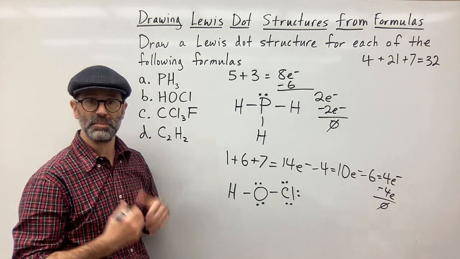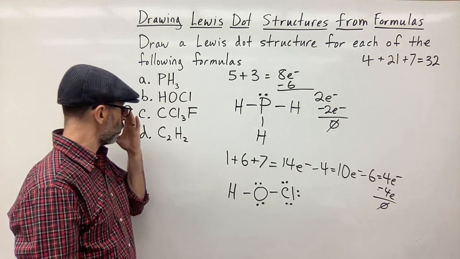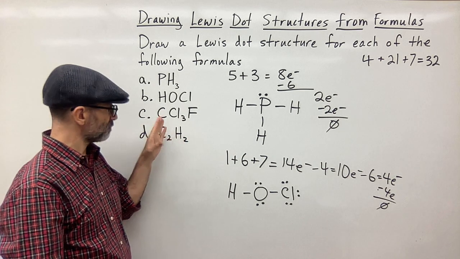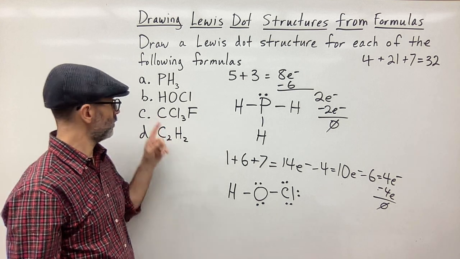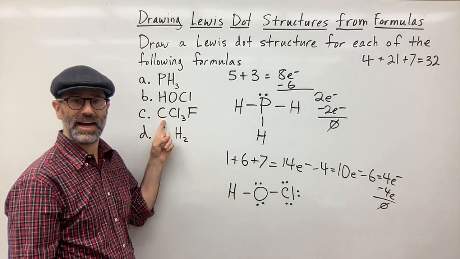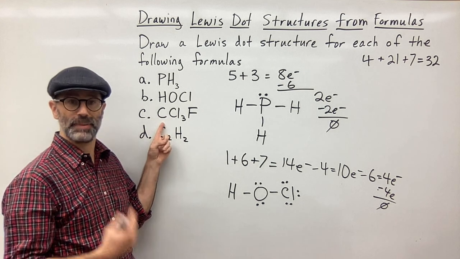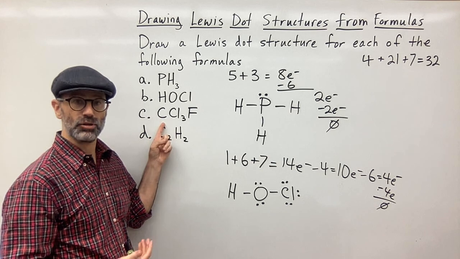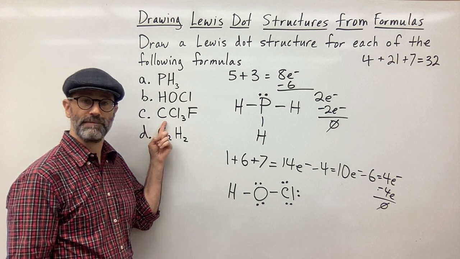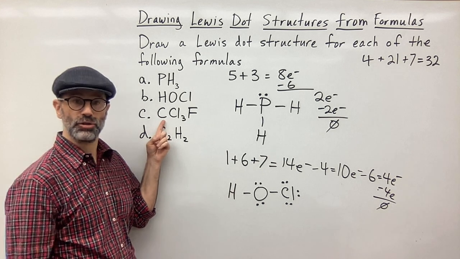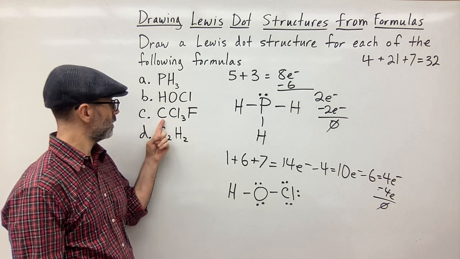Now, second step, skeletal structure. Again, there are several ways to look at this. The less electronegative atom is the carbon, so I would suspect that that would be the central atom. It's also the one written first, and usually the central atom is written first.